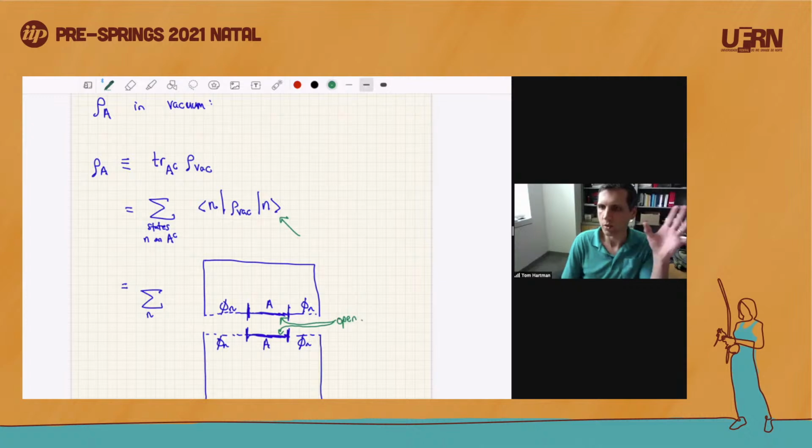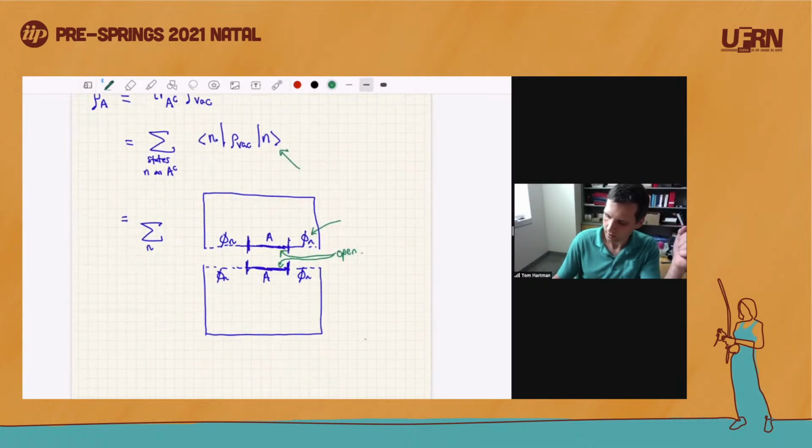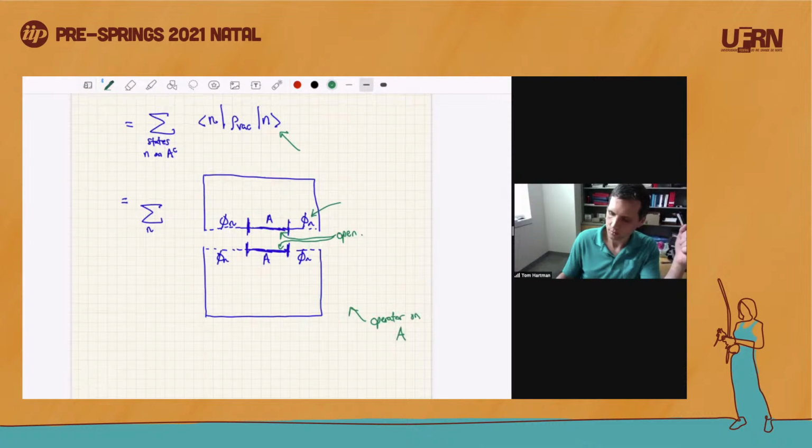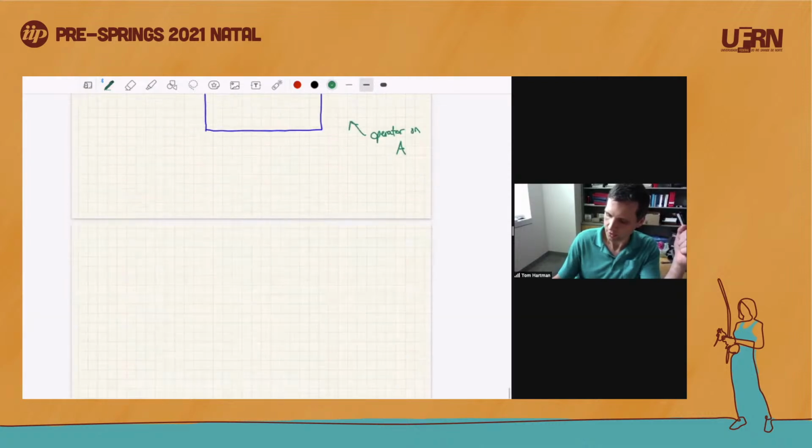So this picture is still an operator on region A, but on region A complement, I've now done the trace. I'm specifying the boundary conditions and doing the trace. Okay, so this expression is an operator on region A, but not on the complement. We've traced that out.